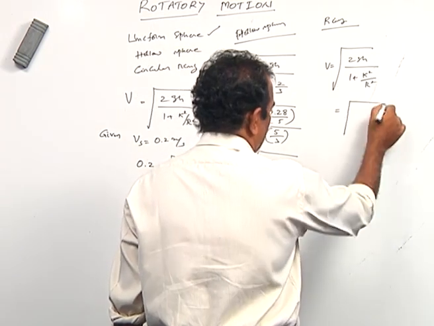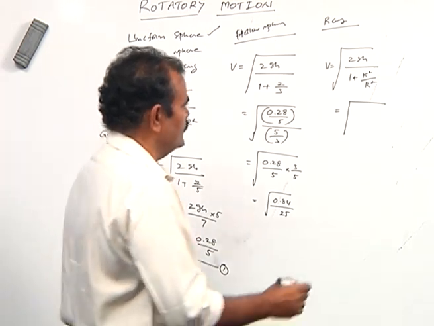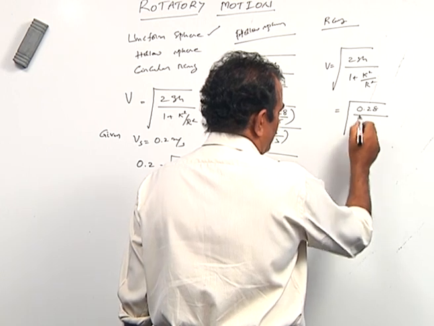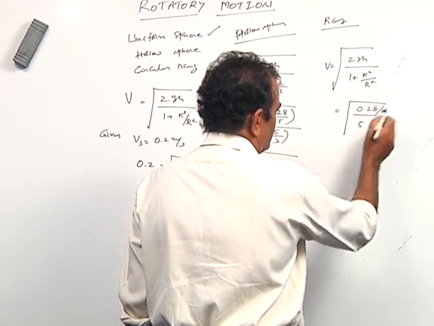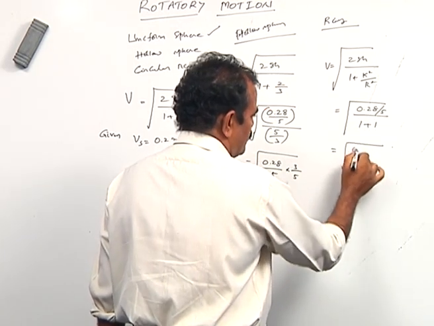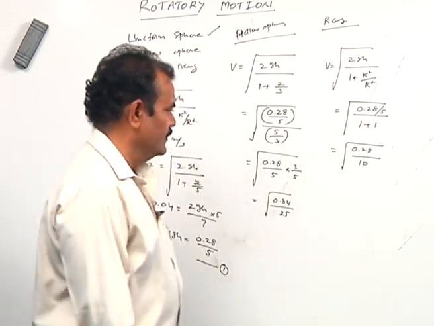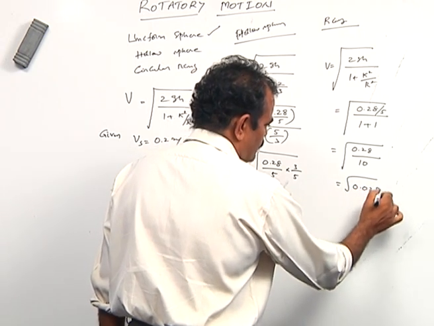So it becomes square root of 2gh. 2gh we already have, it is 0.28 by 5. And again 1 plus k square by r square is 1 plus 1, so it is 0.28 by 10, which is 0.028.